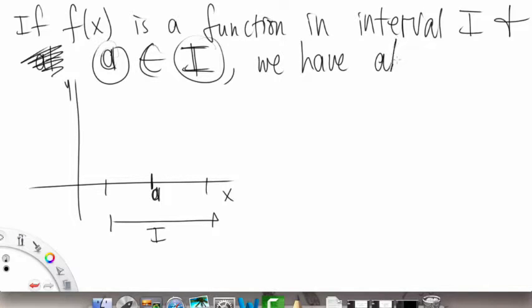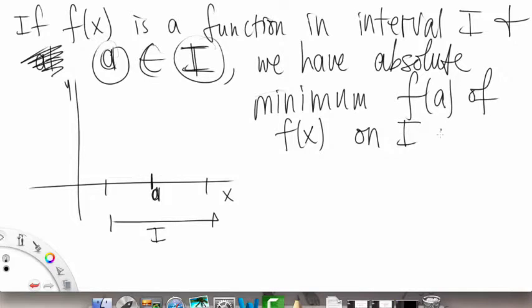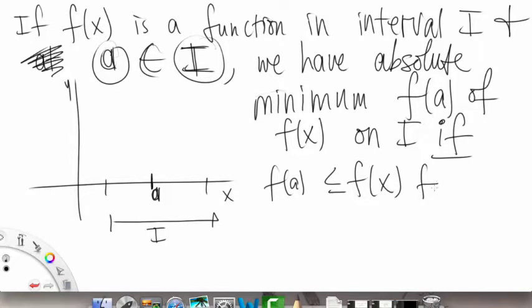Then we have an absolute minimum, which we're going to go over first. Absolute minimum f of A of the function f of x on I if, this is a big if, this is the important part, f of A is less than or equal to all other f of x for all x in that x interval called I. So what this means is that at A there's an absolute minimum.